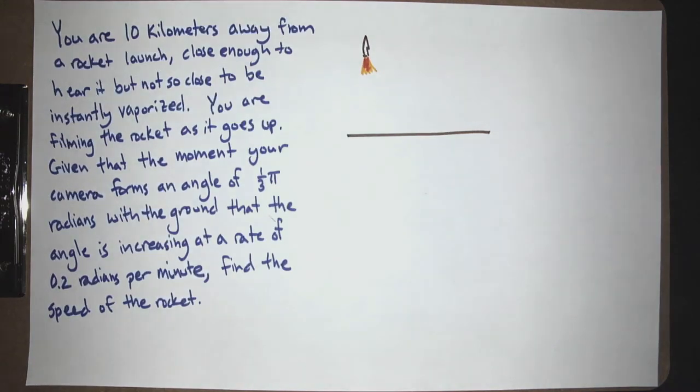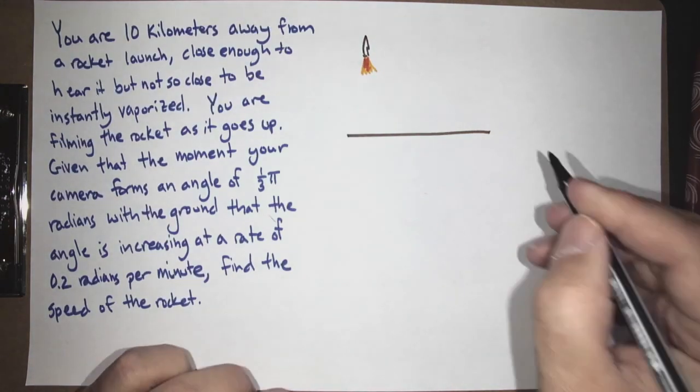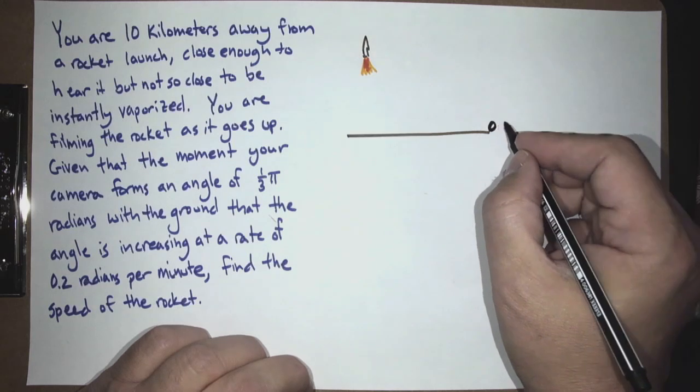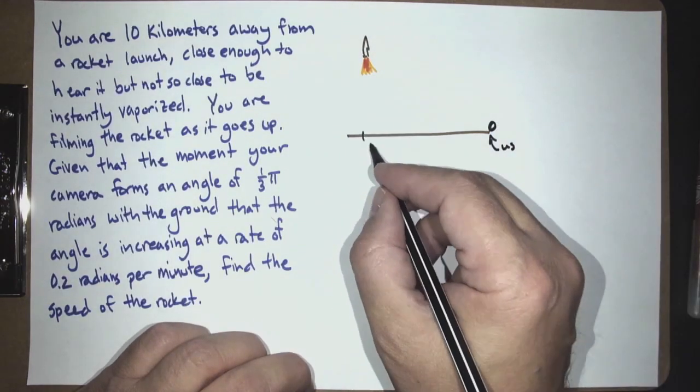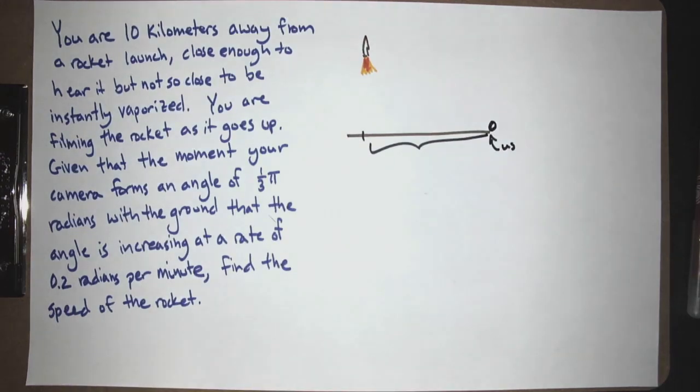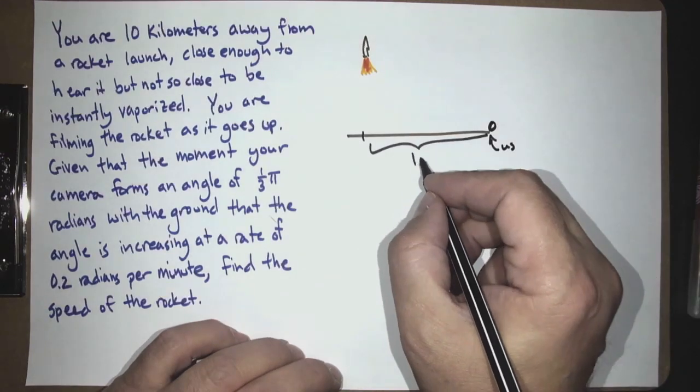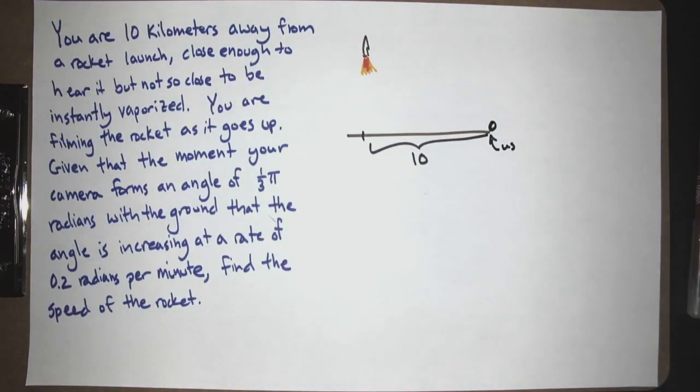All right, so there's our rocket. And here we are filming it. This is us. Do we have that distance? 10 kilometers. Yeah, that's fixed.